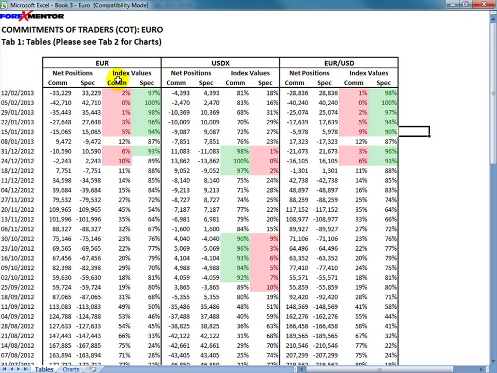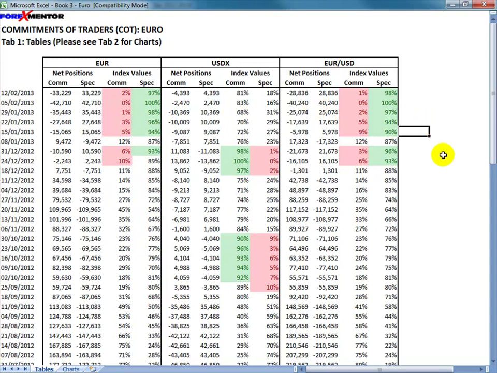So for Euro-US, you can't just look at COT futures for the Euro. You have to combine that with COT futures for the dollar index, because it's quite possible that at any given time a long bias on one side could be totally offset by a long bias on the other, and vice versa, resulting in a non-extreme version for the pairing. So you have to look at both sides of the equation.